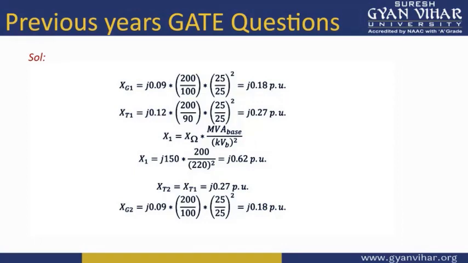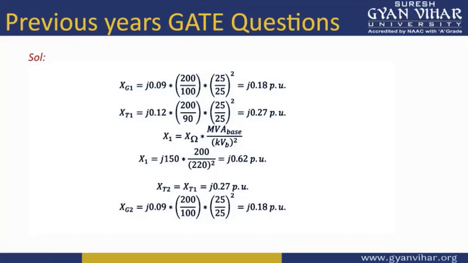By applying the same formula, you can calculate the per unit reactance for the generator G1, the per unit reactance of the transformer T1, X1 is the reactance of the transmission line in per unit, and Xg2 is the per unit reactance of the generator G2.